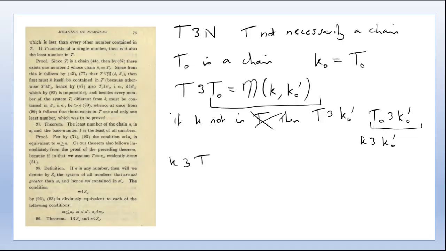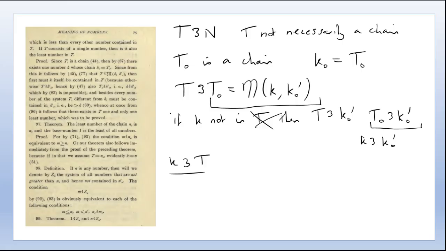So any element of T must be an element of T0, and hence must be either equal to K or an element of K0 primed. But any element of K0 primed is going to be greater than K. Once from 90, it follows that there exists in T one and only one least number, which was to be proved, and that's K.